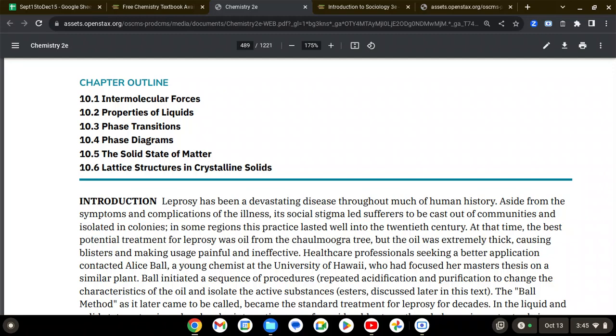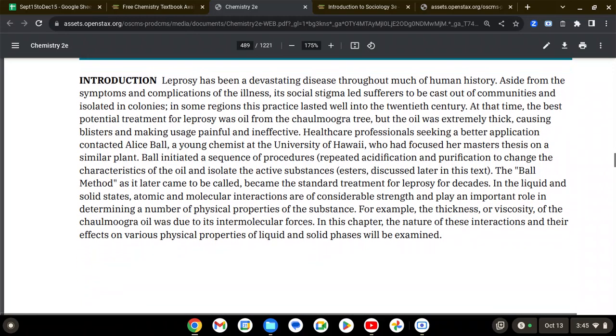Introduction. Leprosy has been a devastating disease throughout much of human history. Oh, hold on.